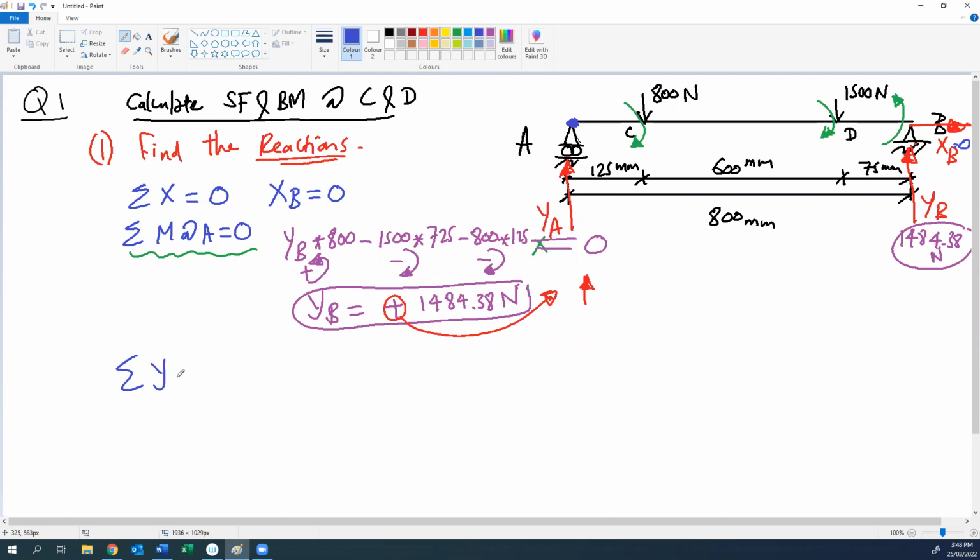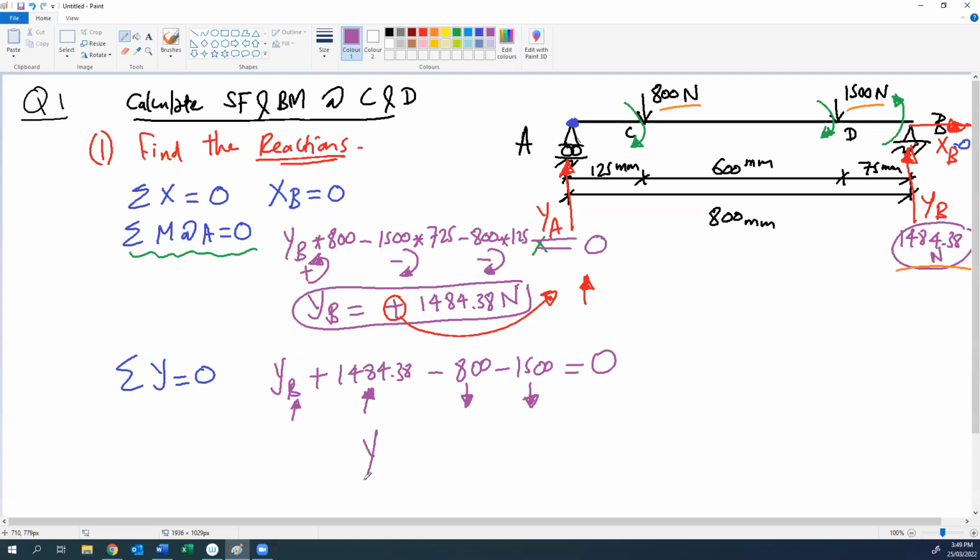Now we can find the reaction YA using the third equilibrium equation. Summation of forces in the Y direction should be 0. What forces do we have in the Y direction? We have 800, 1500, and the reaction YB. So we have YB going up plus 1484.38 going up, so these two are positive, minus 800 going down, minus 1500 going down. This should be 0.